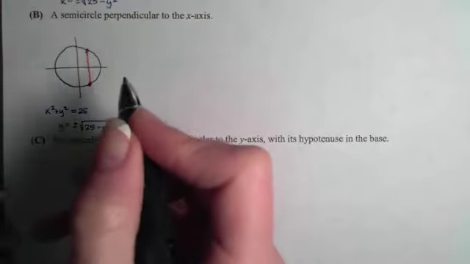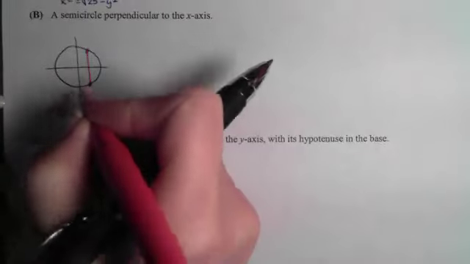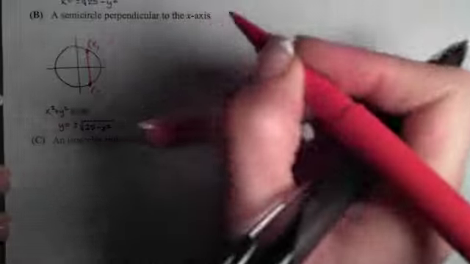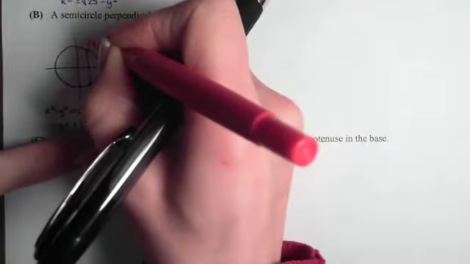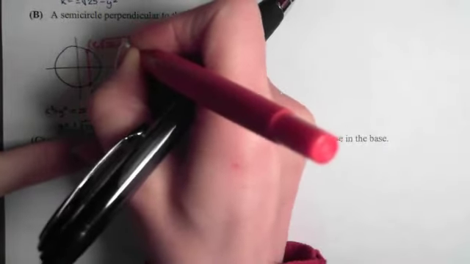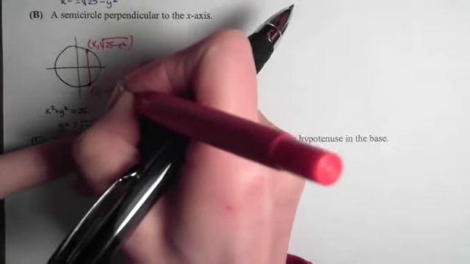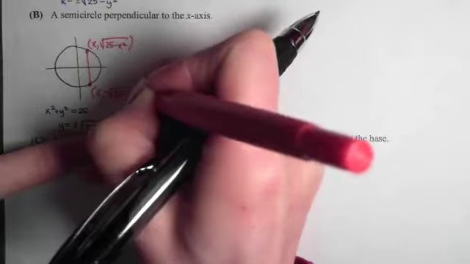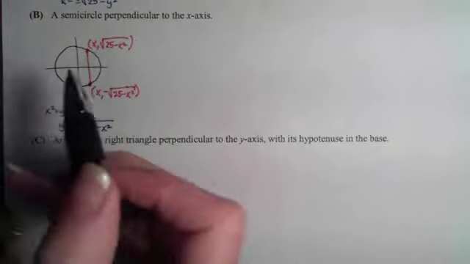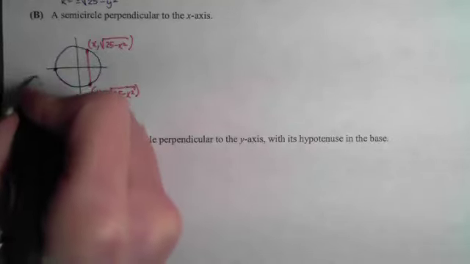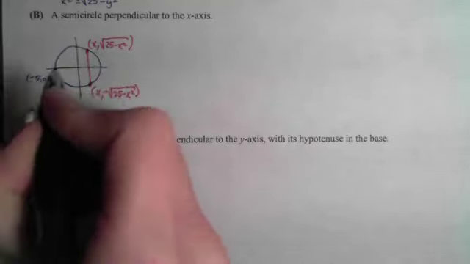If I label these strip endpoints, everything's going to be in terms of x this time, and the top one is the positive root, and the bottom one is the negative root. I'm going to need to move this strip all the way left and all the way right, so I'll need this endpoint and this endpoint.